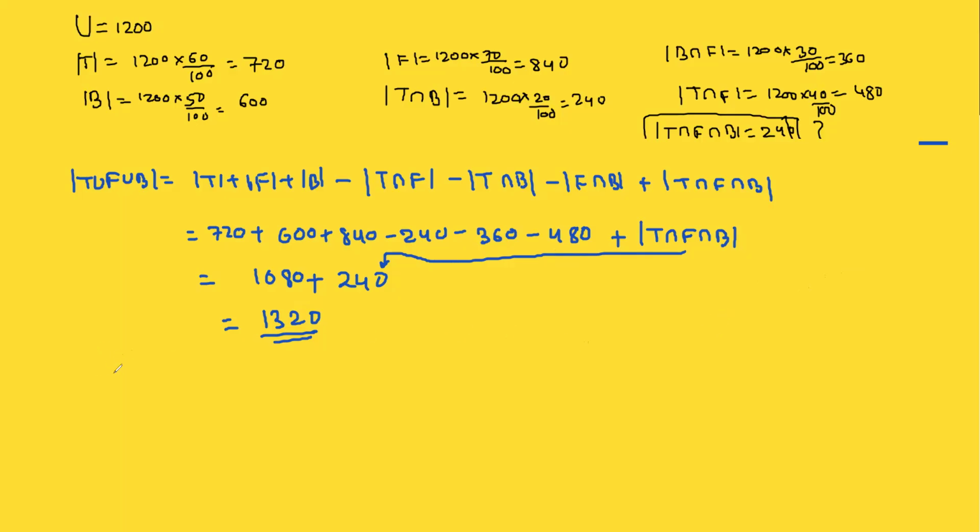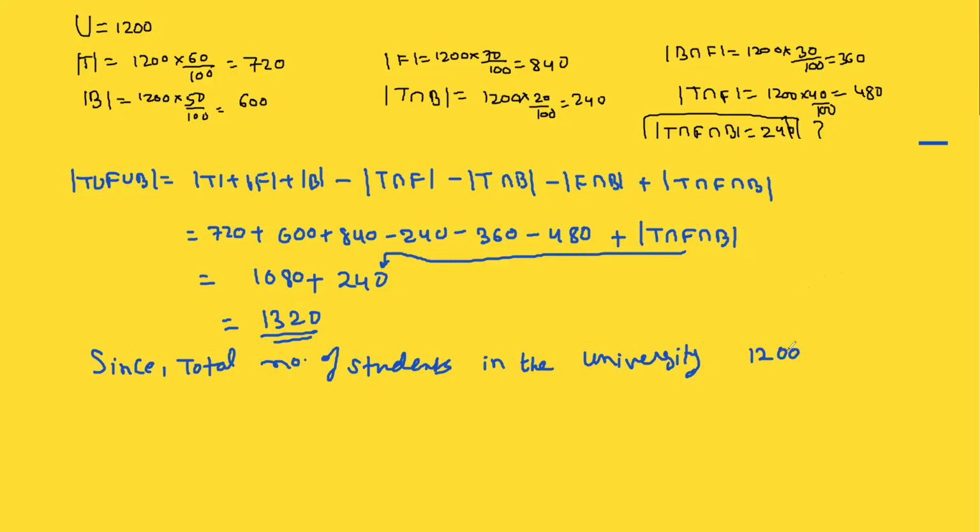So here you can write: since the total number of students in the university is twelve hundred, but the total number of players from 1200 are 1320, which is wrong, right?